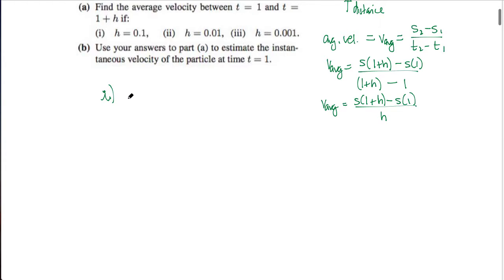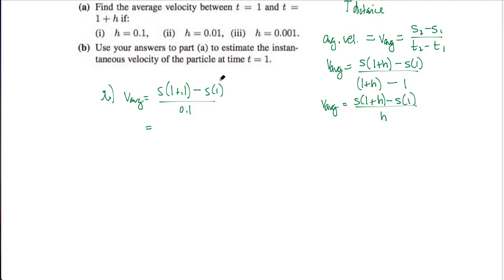So for part 1, you have h equals 0.1. I'm going to find my average velocity to be s of 1 plus 0.1, which is just 1.1, minus s of 1 all over 0.1.